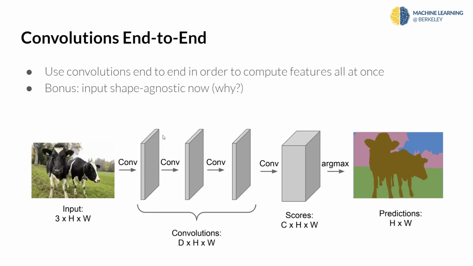So for example, an input image has 3 channels, maybe red, green, blue, and then it's got a width and a height. If we run these convolutions with that same width and height output, then we're going to get a feature map at the exact same size, and we can simply select the class in that feature map that the network outputted. And we'll get an output, for example, like this, where it's actually being able to segment the image.